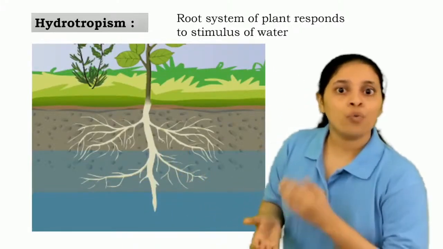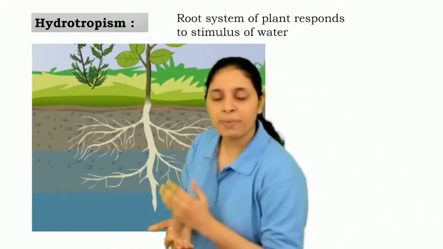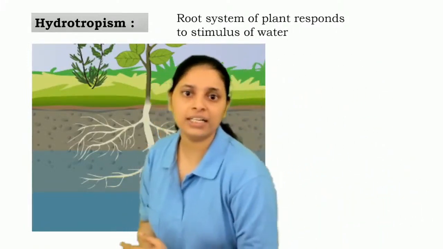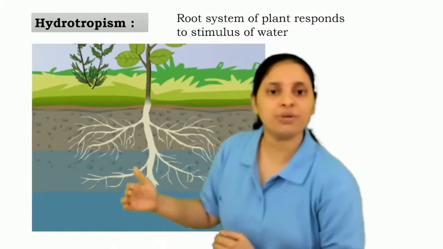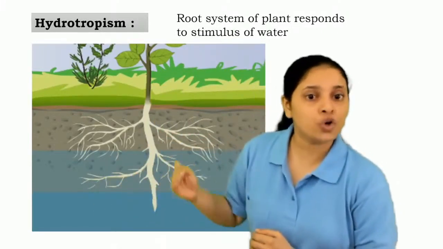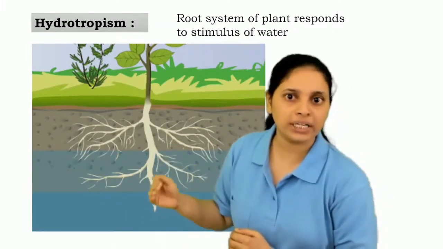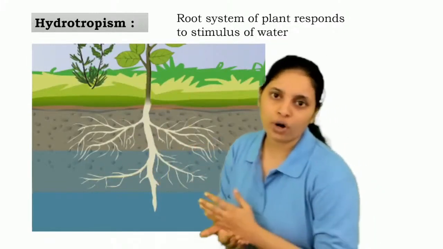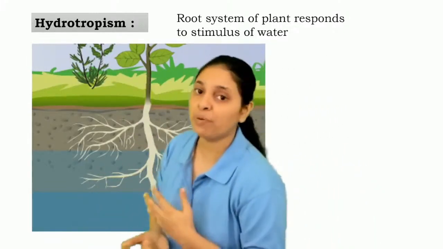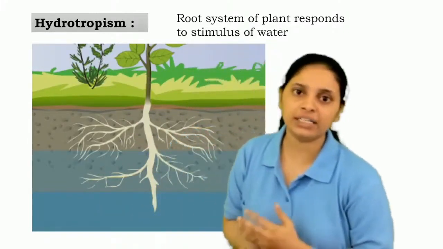So, when the plants, okay, or the plant parts, like here in this case root, is growing with respect to the stimulus of water, this growth dependent movement is known as hydrotropism. Hydro for water, and we have the tropic movement, that is growth dependent movement.